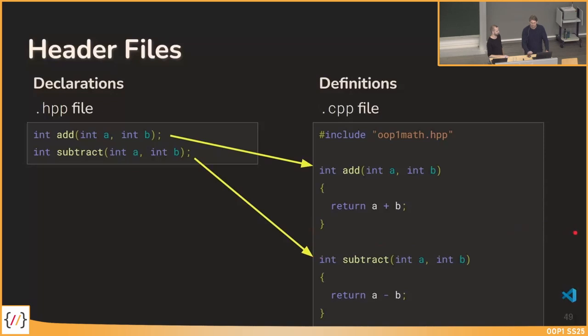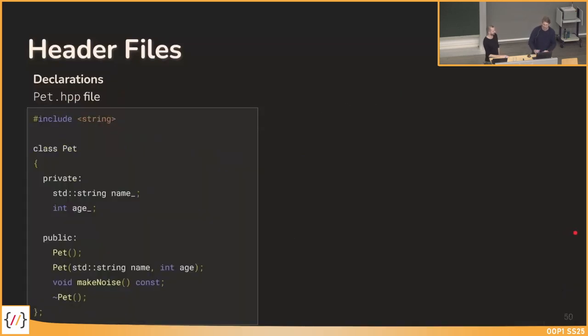How does this look now with classes? Very good question. We can, of course, also do it with classes. It's good practice to name the file the same as the class name. So if we have a class Pet, we should also name the HPP file, the header file, Pet.